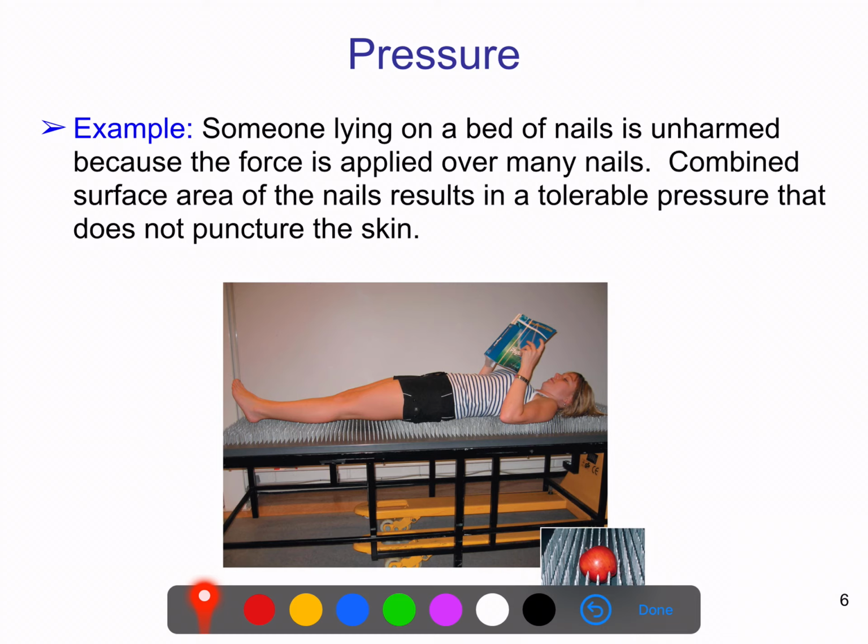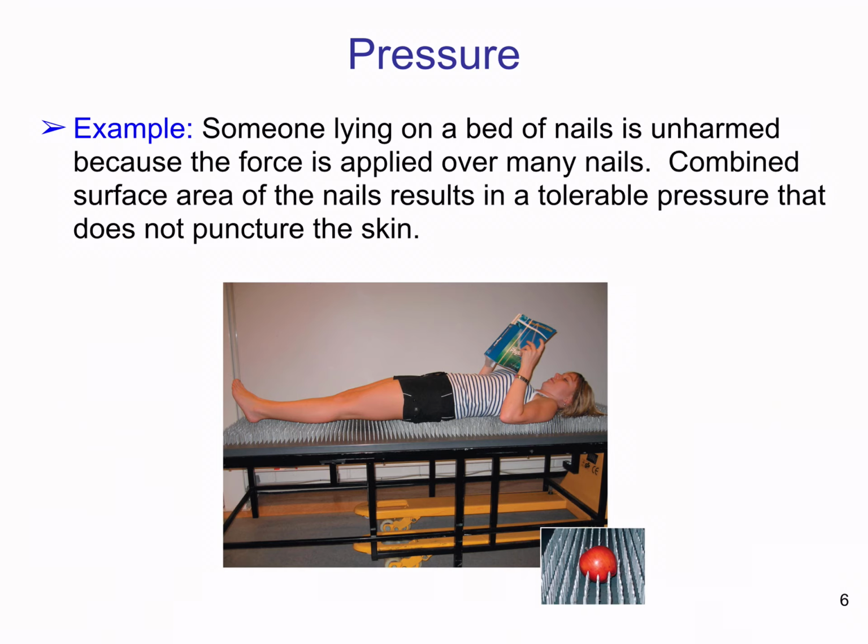So some everyday examples you can think about. The bed of nails. If you were to just stand on a nail, it would puncture your foot, but for some reason you can lie on a bed of nails. Why should that be? Well, because you're spreading the force, in this case the weight of your body, across a greater surface area. And so the pressure on your skin is actually tolerable instead of being able to puncture your skin.